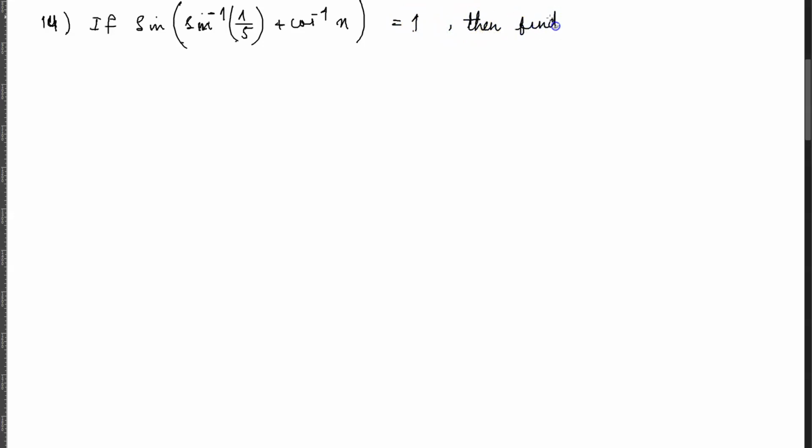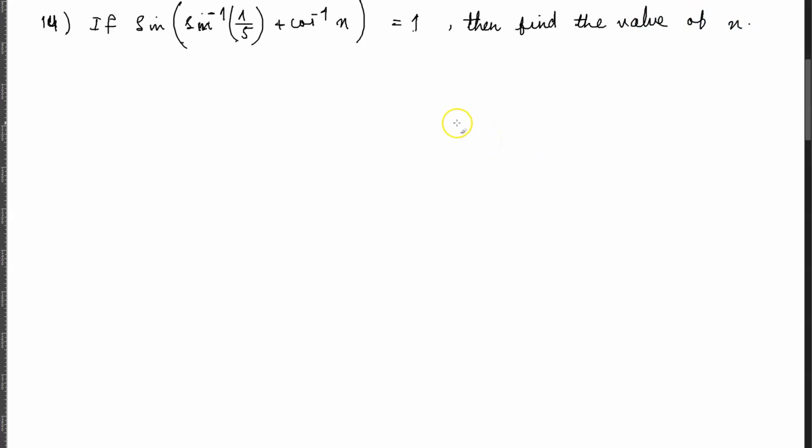Okay, so the next question that we have here is question number 14, which is: if sine inverse of 1/5 plus cos inverse of x, if this value is equal to 1, then find the value of x.